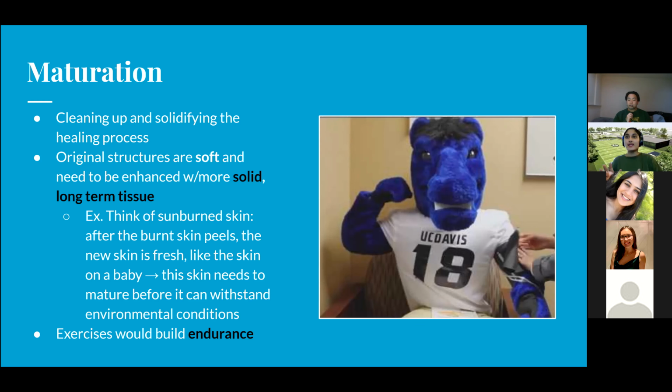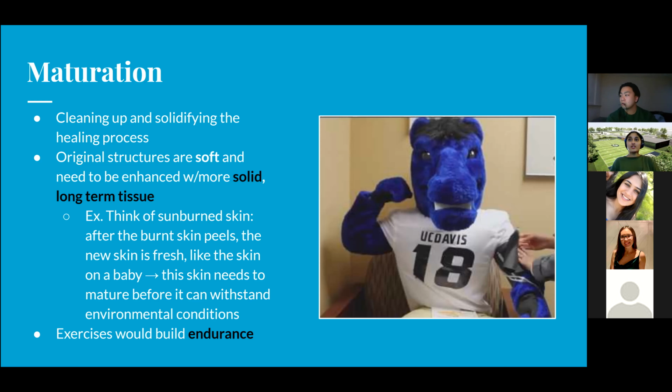If that didn't really make sense to you, I think of this like sunburned skin. If any of you have ever gotten sunburned skin, you'll notice that after the burnt skin peels away, the new skin that's underneath is really fresh, like the skin on a baby basically. So the skin basically needs to mature before it can withstand environmental conditions.